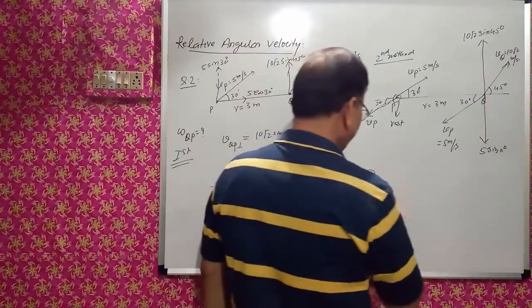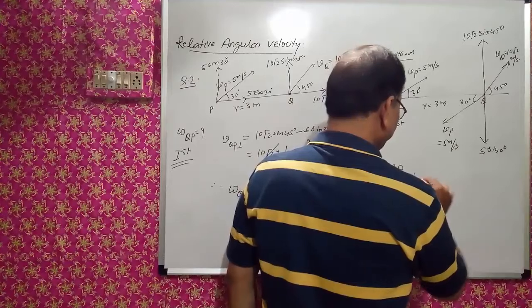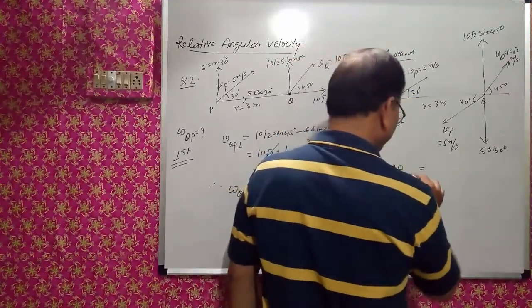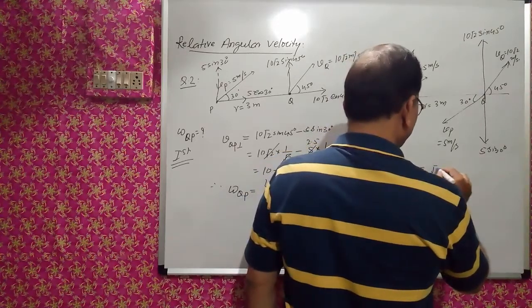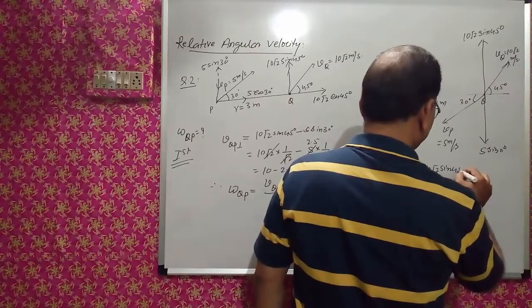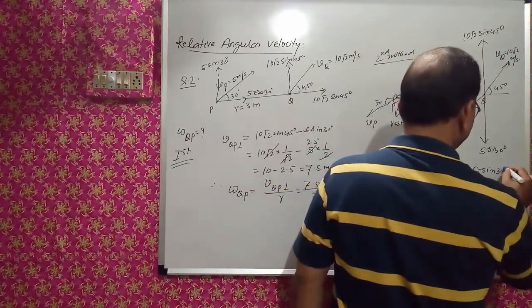So I will say that VQ perpendicular, of course that will be with respect to P, is equal to 10 under root 2 sine 45 degree minus 5 sine 30 degree.